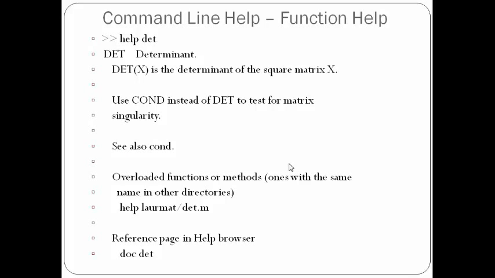Then these are other help topics. For example, if you want help on determinant, we can put help det, and it will tell us that det(x) is the determinant of square matrix x. It also guides us that if you'd like to test for a singular matrix, then instead of det you can also use cond. This way it opens up a lot of options.